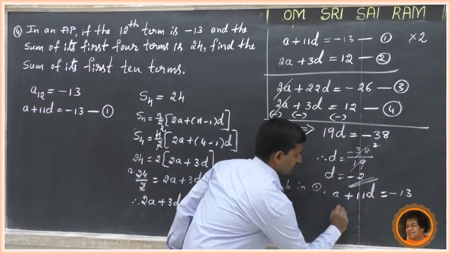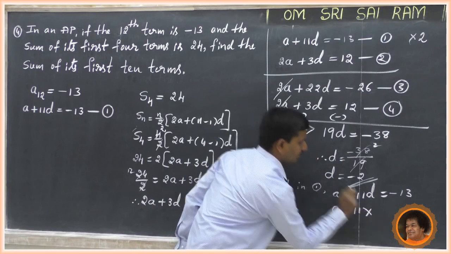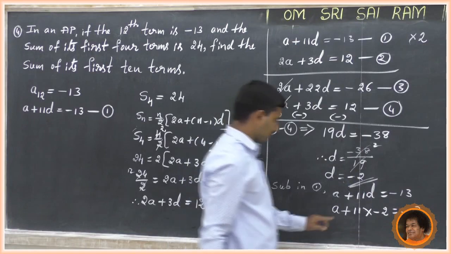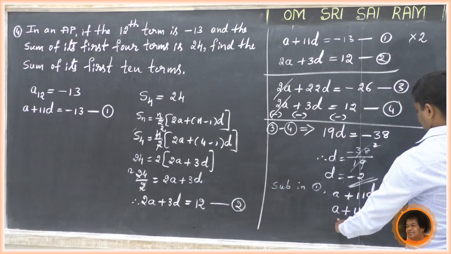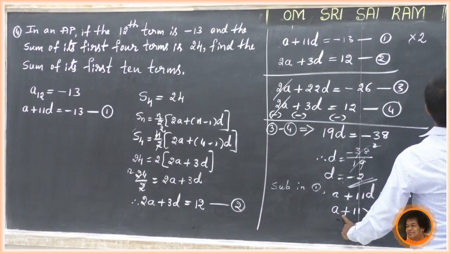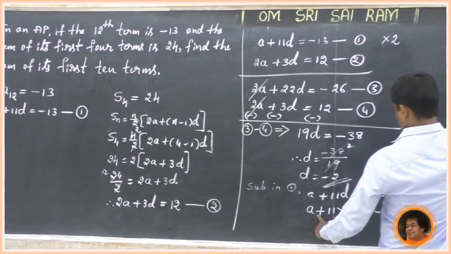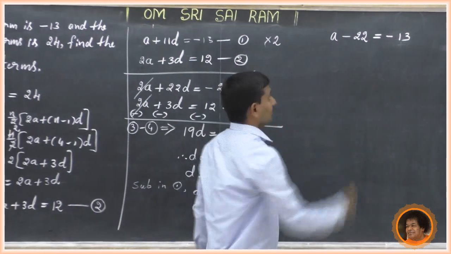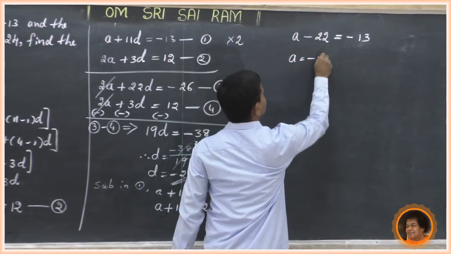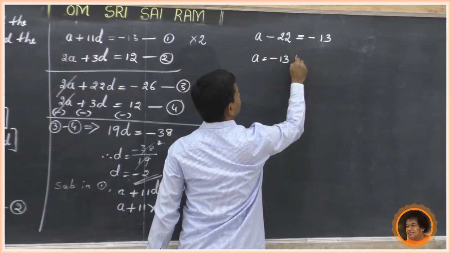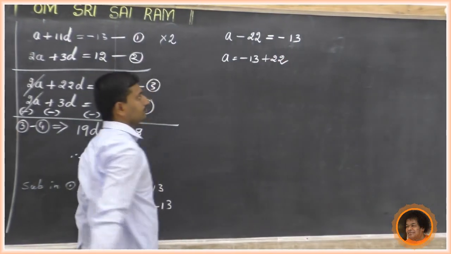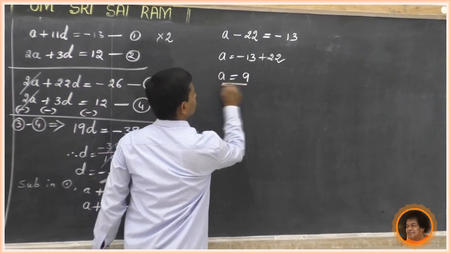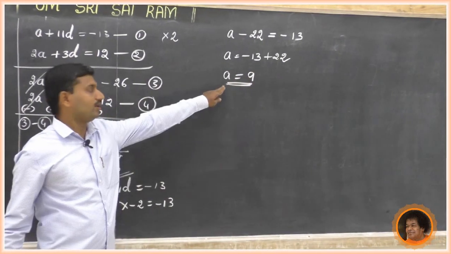Now substitute the value. a plus 11 into d value minus 2 equal to minus 13. Now simplify. So a plus into minus, that is minus 22 equal to minus 13, or a is equal to minus 13 plus 22. So what is the value of a? a equal to plus 9. So this is the value of a.